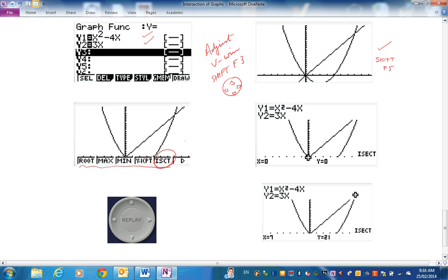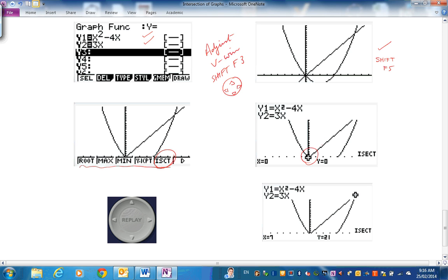Well, we'll just have a look, shall we? I think just checking it now, it's F5. F6 is the last one, so F5 for intersect there.